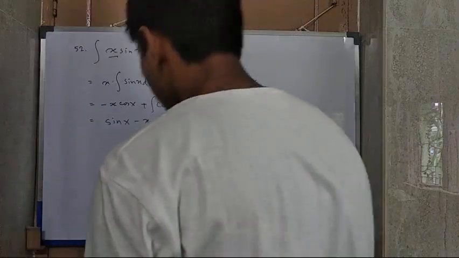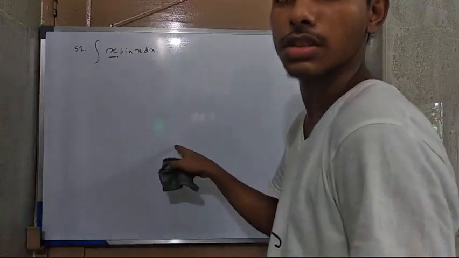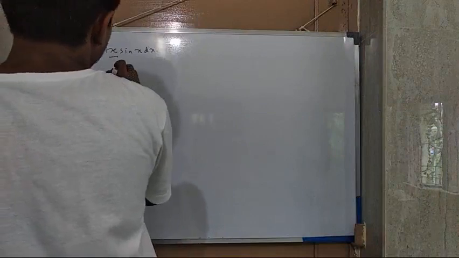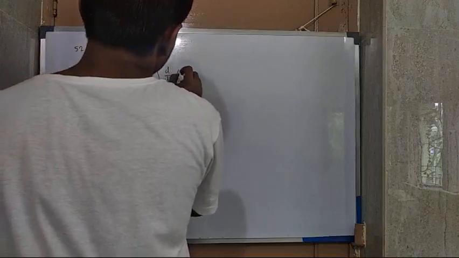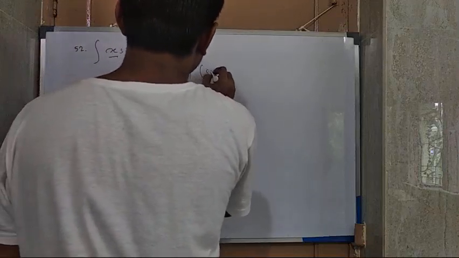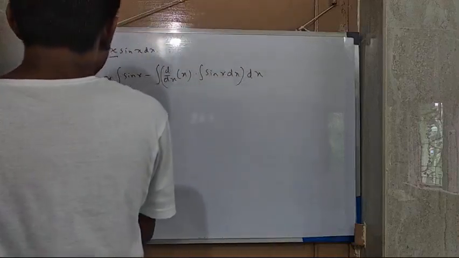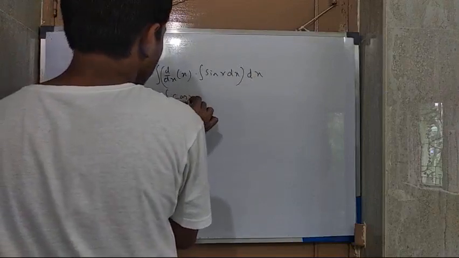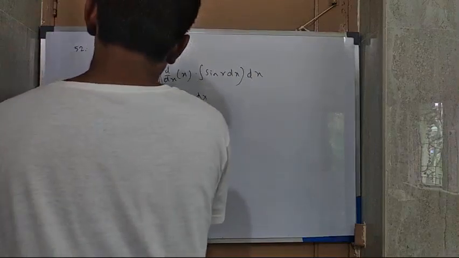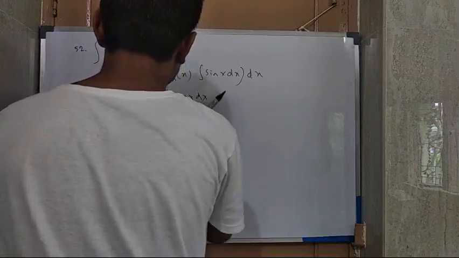Let's proceed to the 53rd question. Have you seen the 52nd question? Okay, it is x times the integral of sin x minus the integral of d by dx of x times the integral of sin x dx, times dx. So this is minus x cos x plus the integral of cos x dx, so this is sin x minus x cos x plus c.